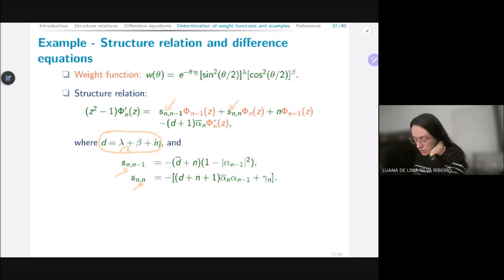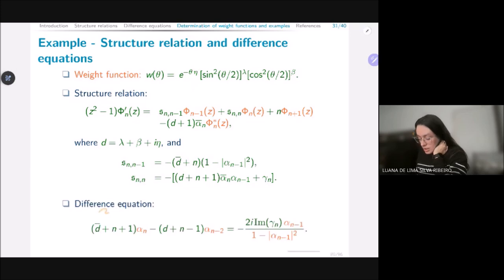So d depends on the parameters lambda, beta, and eta that appear here. And the difference equation becomes this one. Here d is this complex number. And when we take beta equal to 0, we recover the difference equation that I mentioned before.